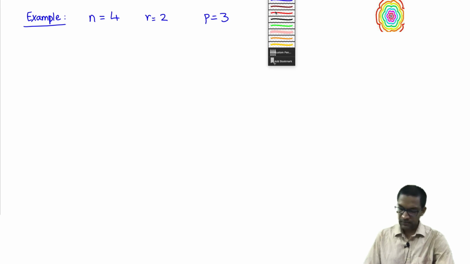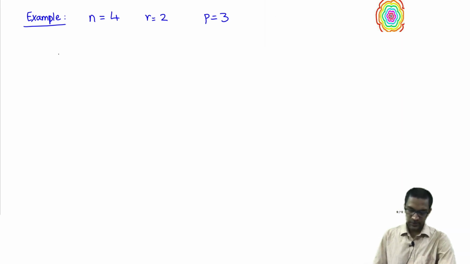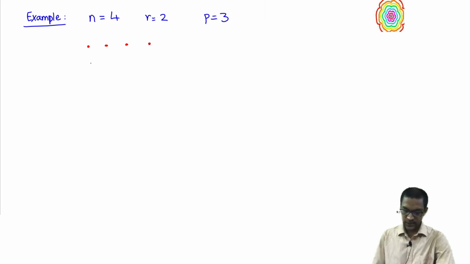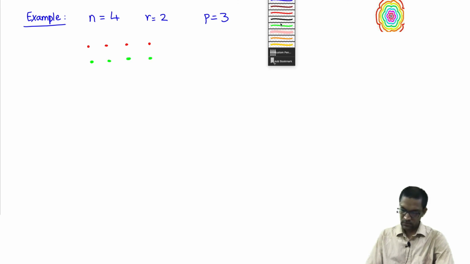So let me draw the first thing which is my set Z. So what does Z look like? Z is all points in a 4 cross 3 grid of dots. So this is my 4 guys in the first, let's see, where are we? Yellow.